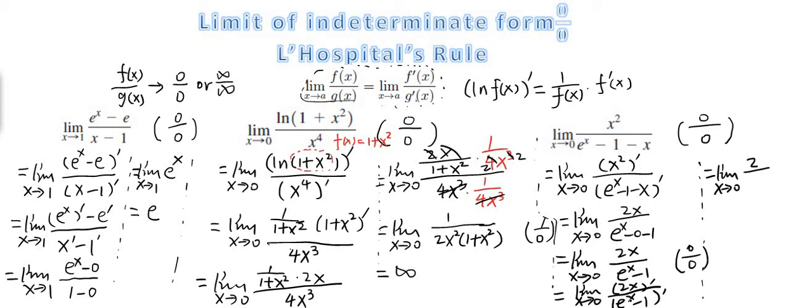The derivative of e to the power x is itself, and the derivative of minus 1 is 0. So we have 2 over e to the power x, and when x equals 0, we plug it in. We're going to get 2 over 1, since e to the power 0 is 1. So it's 2. That's the answer.